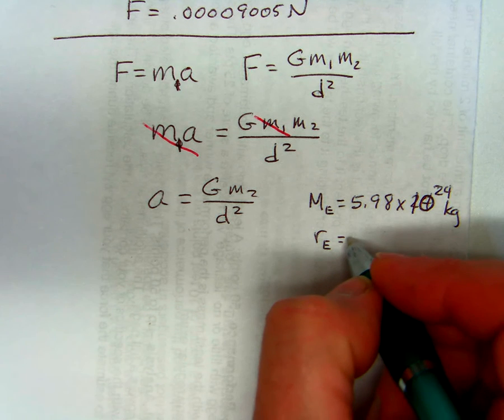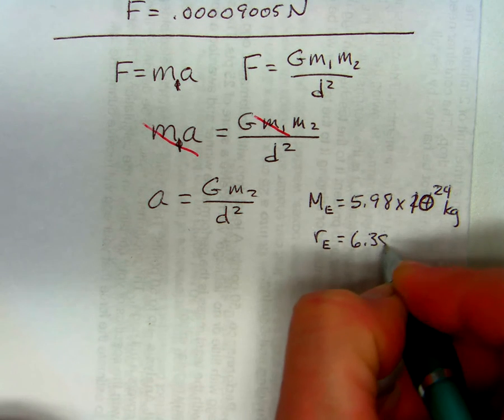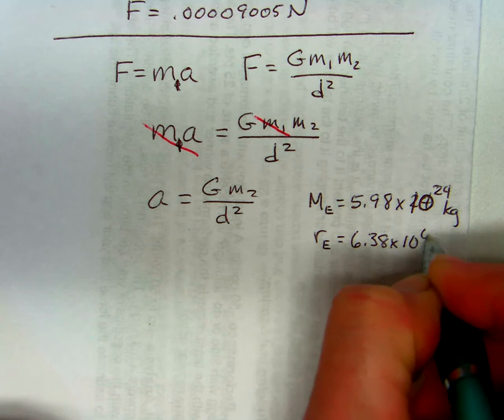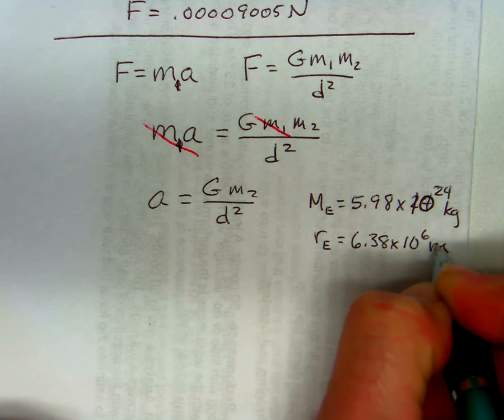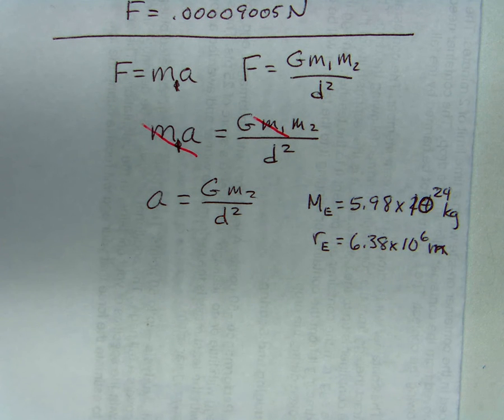The radius of the Earth is 6.38 times 10 to the 6 meters. Make sure I got that correct. Yep.